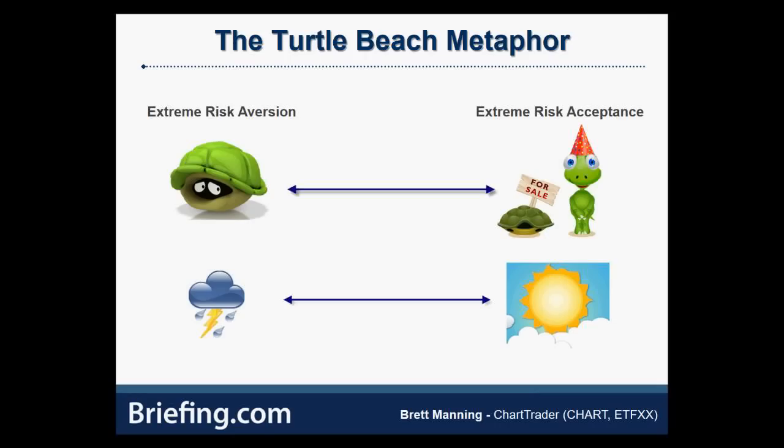Now, the twist to this is that it's a magical beach, and on this beach, the weather is actually controlled by the turtles. So all the weather is doing is reacting to the turtles. When all the turtles are in their shells, it causes the weather to be really bad. And when all the turtles are out of their shells, it causes the weather to be really good. So imagine lightning bolts, the rain pounding down, the sky dark, all the turtles huddled in their shells, and one of them just sticks a toe out.